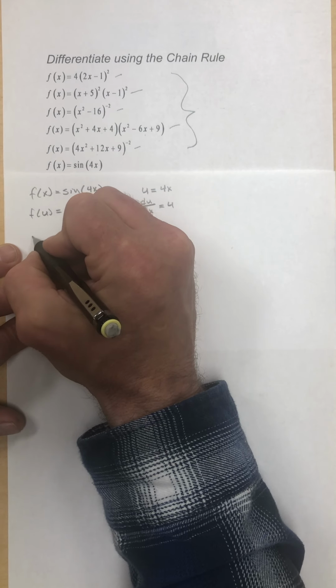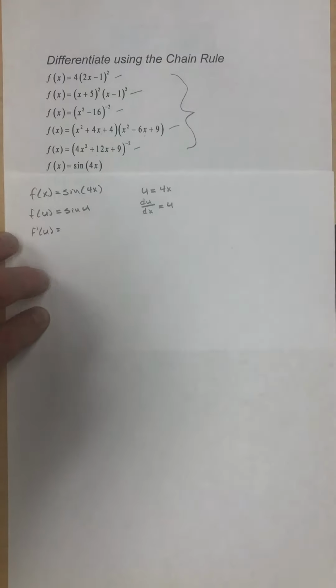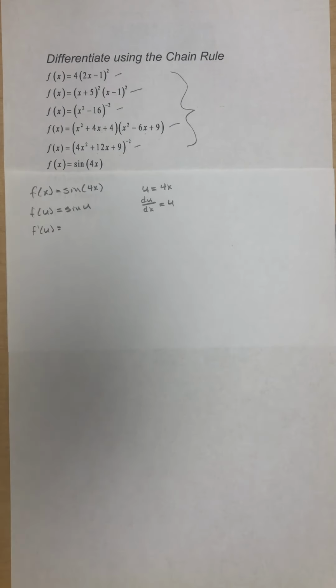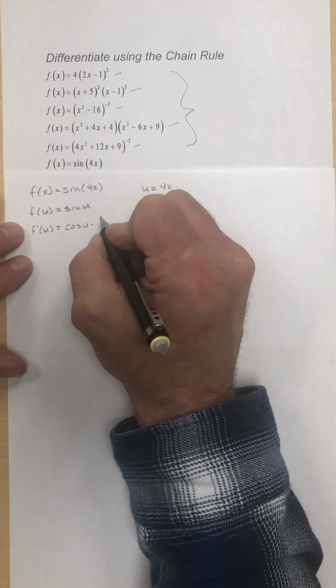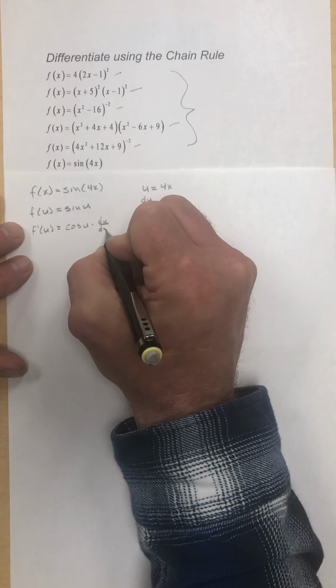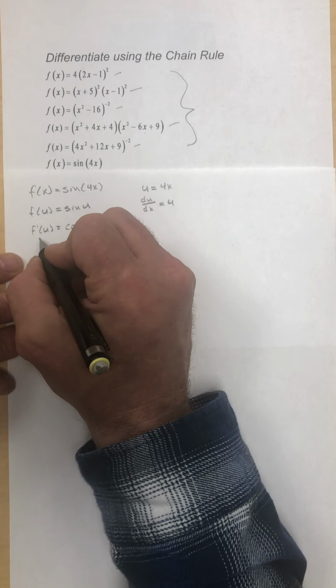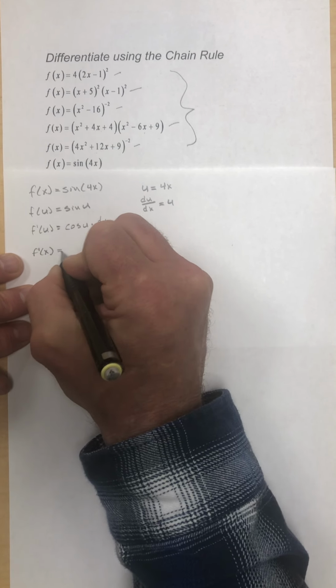I take my derivative, f prime of u, and the derivative of the sine is the cosine right here. So I get cosine of u times du dx. Then I just go back and substitute my x in, so f prime of u becomes f prime of x, and that's what we're looking for.